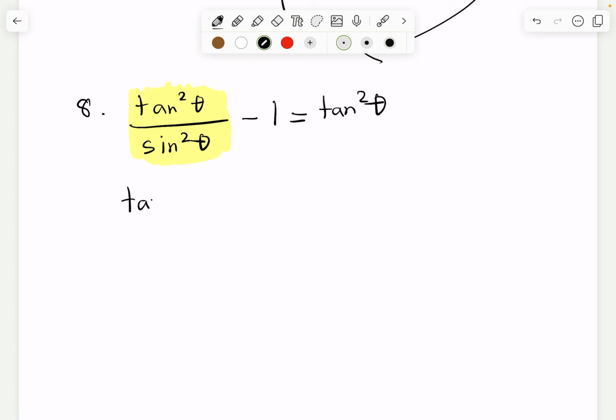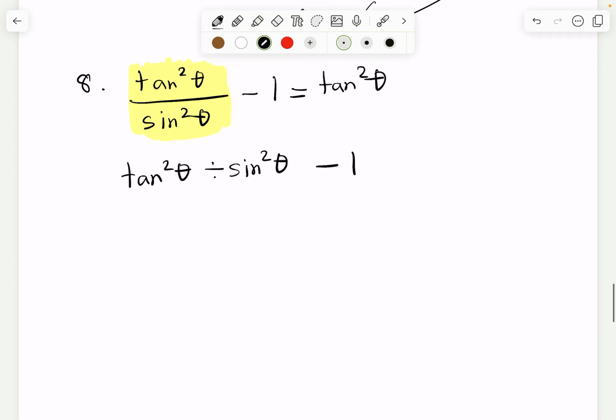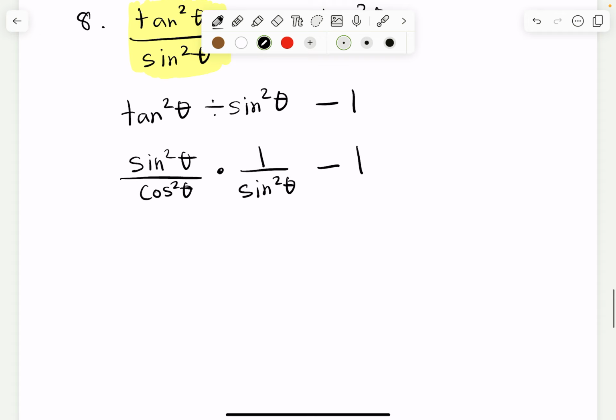So I'm just going to write tangent squared divided by sine squared. We still have the minus 1, but I'm only going to focus on tangent squared divided by sine squared first. And tangent squared is going to be sine squared over cosine squared times 1 over sine squared. And we still have that minus 1.